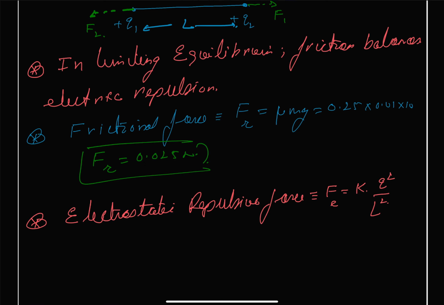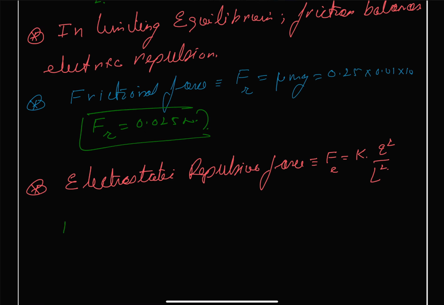So we can write our Fe, value of K is 9 into 10 to the power 9, charge is 2 into 10 to the power minus 7 whole square, and divided by L square. This comes as 36 into 10 to the power minus 5 divided by L square.